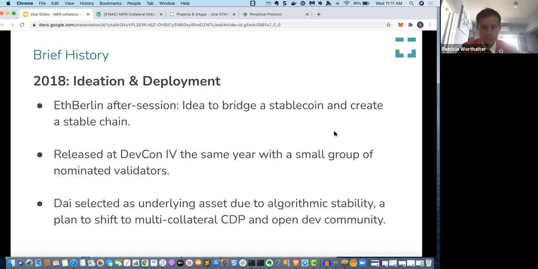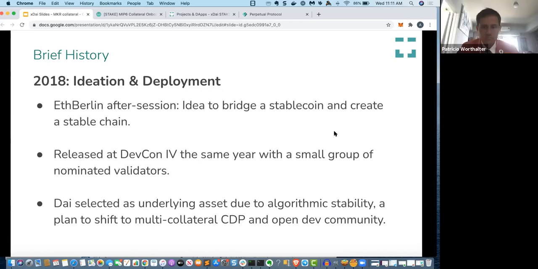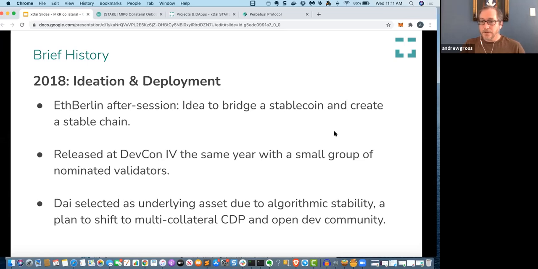Within a couple of months, we had released the first version at DevCon 4 and had a few validators that came on at that point, including Mariano Conti, who was running a validator. And the reason we selected DAI, as Igor mentioned, it had the roadmap to multi-collateral asset, as well as the fact that it was algorithmically stable, as well as the development community.